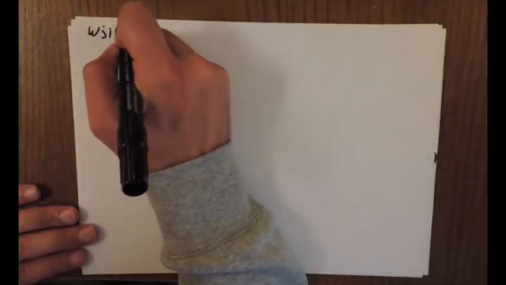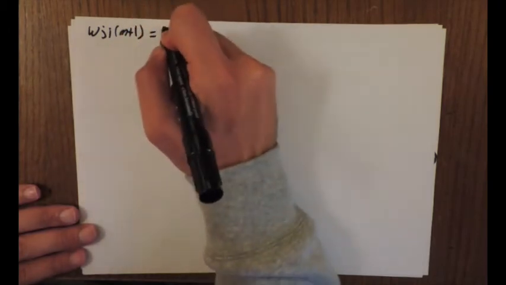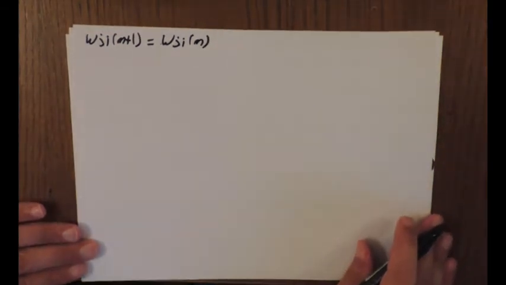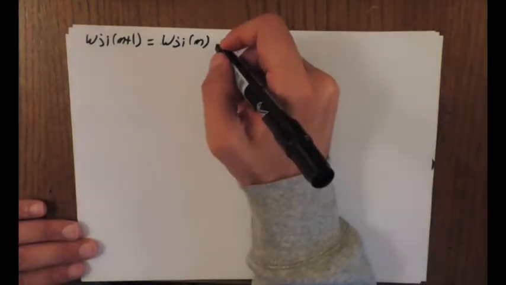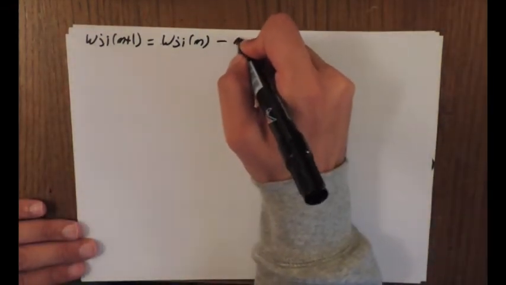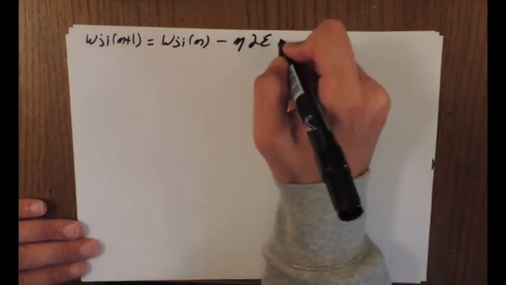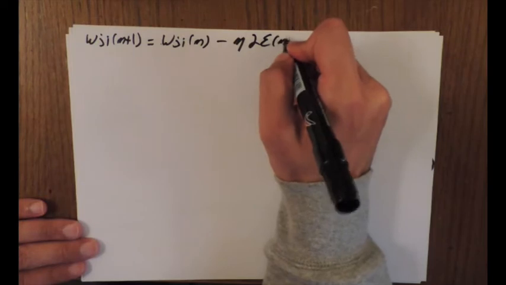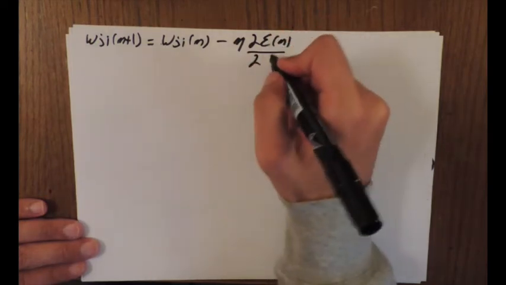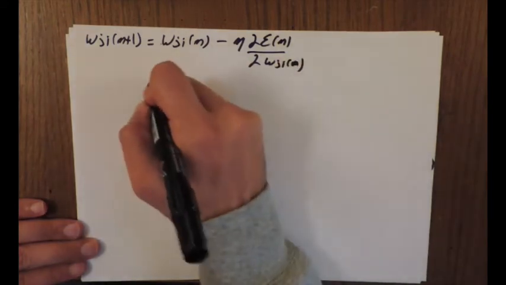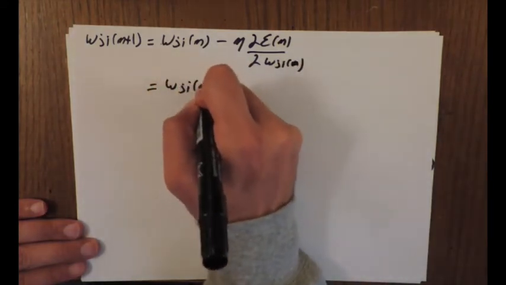Wji(n+1) is equal to Wji(n) minus the learning rate times the derivative with respect to Wji(n).